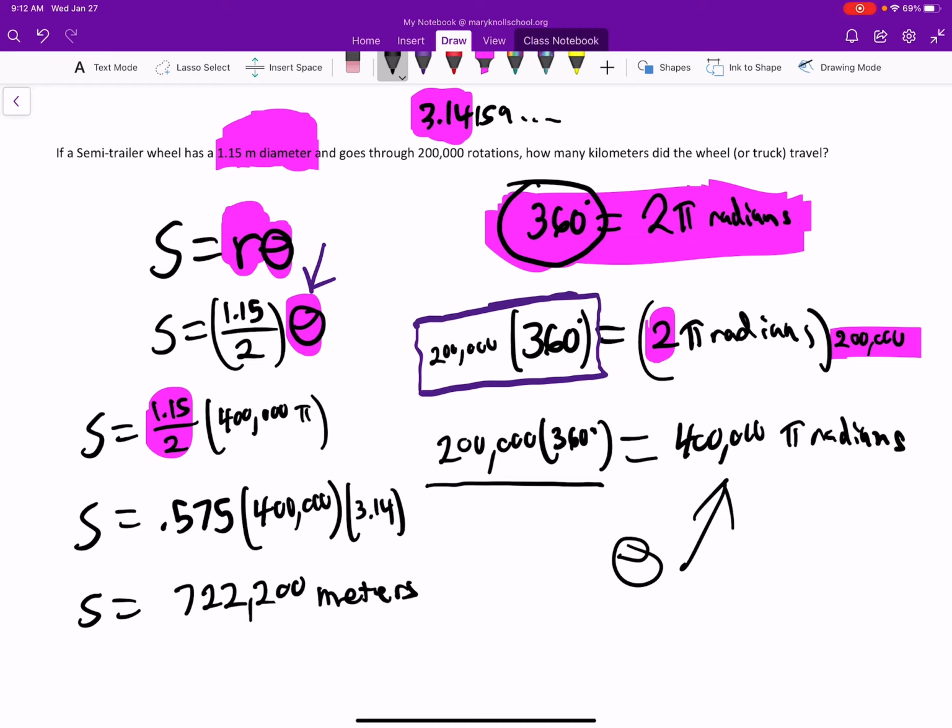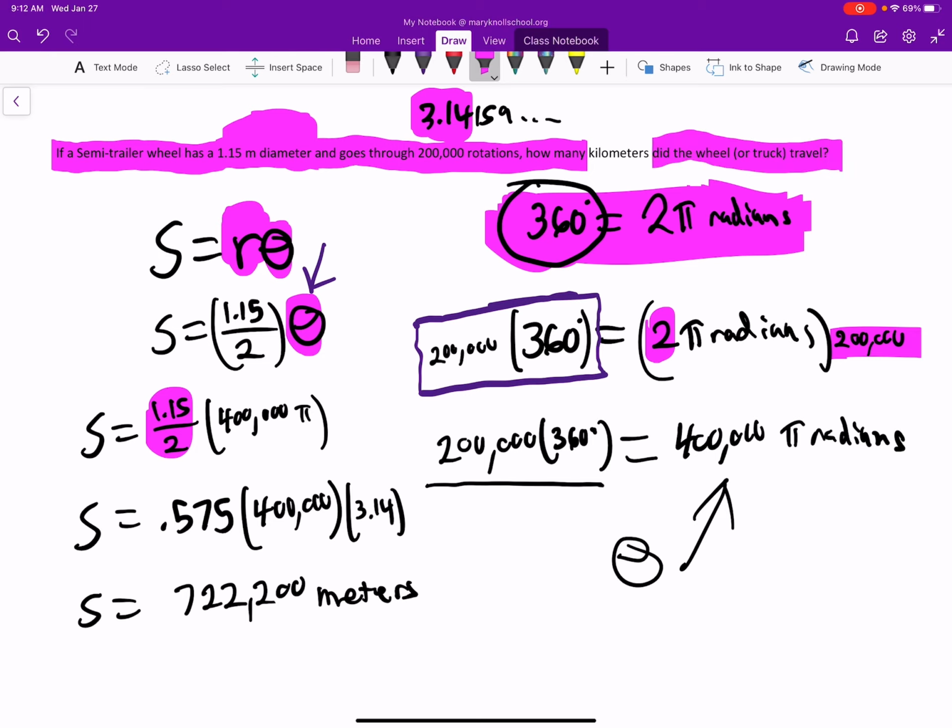We know how far it went, right? Because maybe that's what it was asking. So I'm reading it: if a semi-trailer wheel has a 1.15 diameter and goes through 200,000 rotations, how many kilometers did the truck or wheel travel?